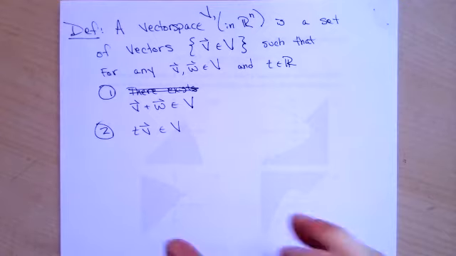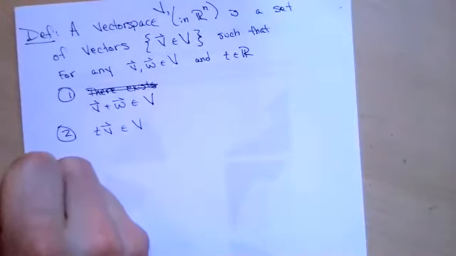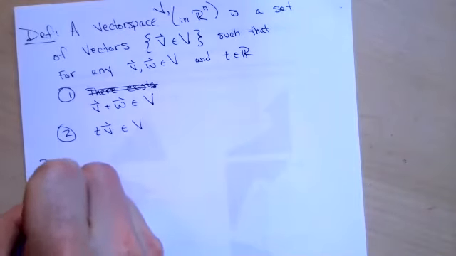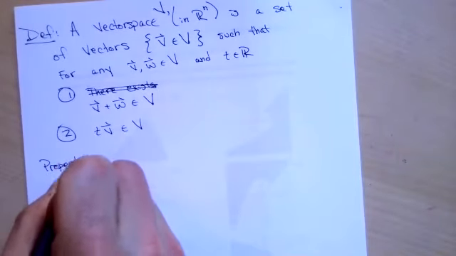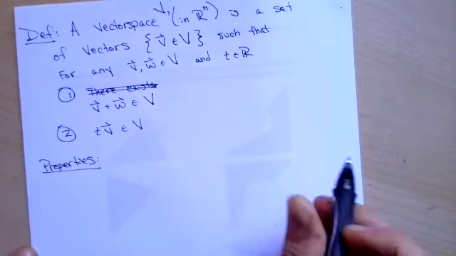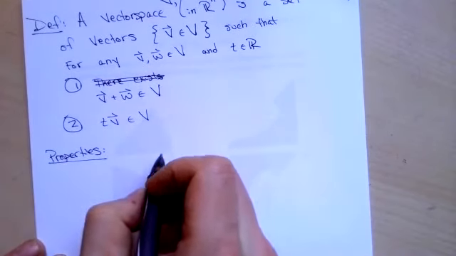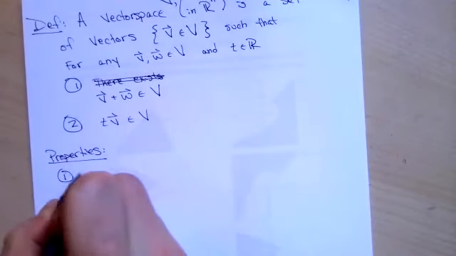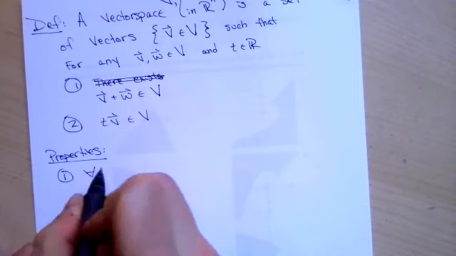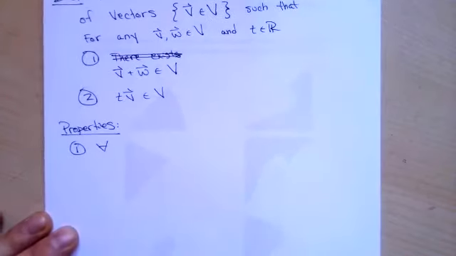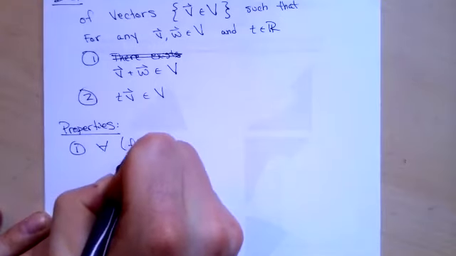So from these two properties, some things we want to note is one, so for any, if I draw this upside down A, it means for any.